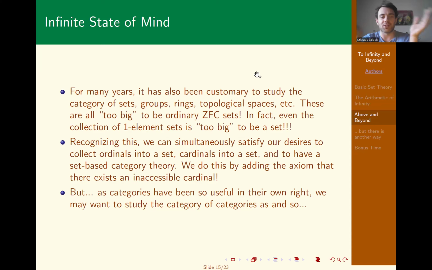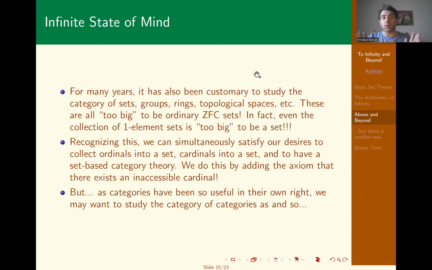A category itself, we also study. It's been very useful to study relationships between categories, and even in homotopy theory, for example, that's a practical thing to study.